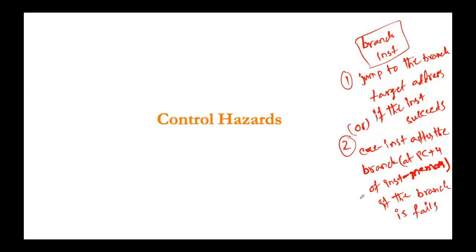So the problem with the branch instruction is that we usually do not know which result will occur. That is, we are not sure whether or not the branch will be taken.